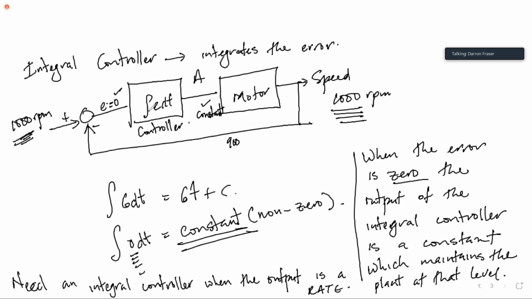So the output is a constant, and now we're going to multiply it by k, some gain, so that whatever the output is, we multiply the constant value by that k value. That is a gain as well, but it's a Ki times the constant to maintain the plant at whatever value it is. All right, so we need the integral controller when the output is a rate.